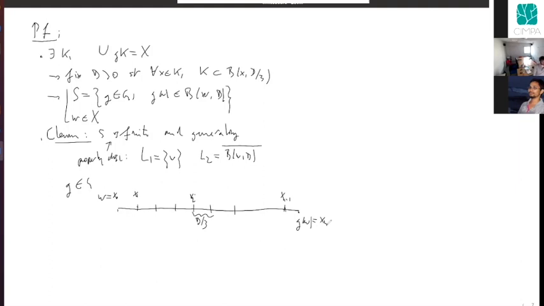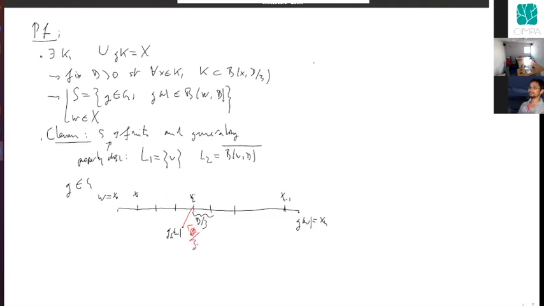Now, I have this co-compact action, and the way I have fixed my number d means that for any xj, I can find an element of the form gj of w such that the distance here is at most d over 3.